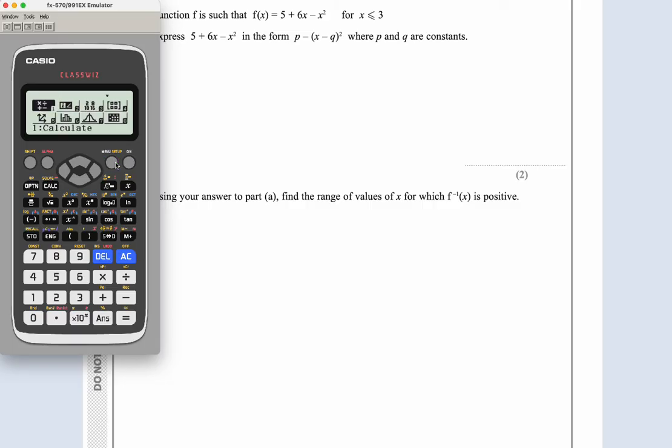So if you go menu and you go down to equation here, you do 2 for polynomial, degree 2, and you type in, be careful because it's backwards, it's minus 1, 6, and 5, because it's minus 1x squared plus 6x plus 5.